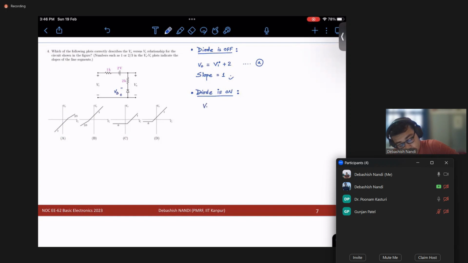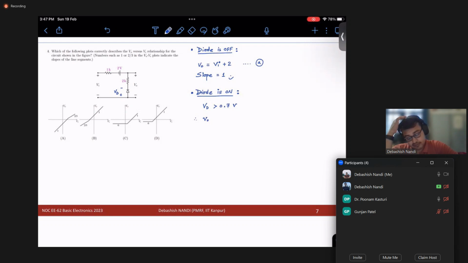So my VD should be greater than 0.7 volt, right? So my V naught should be, look at the polarity.